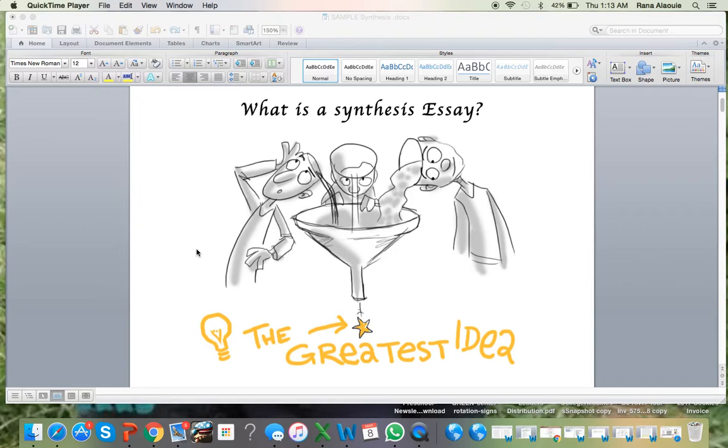I will emphasize this throughout this presentation because what students do sometimes is they will take sources, use information from the sources, and just summarize them, and they overlook the objective of this essay. Your argument, your position, your opinion is central in this essay. Everything you use, any source, any evidence, is to support your opinion, your position on the topic.